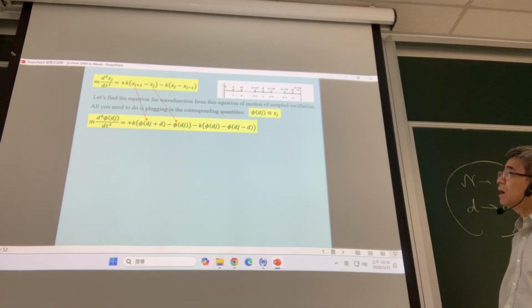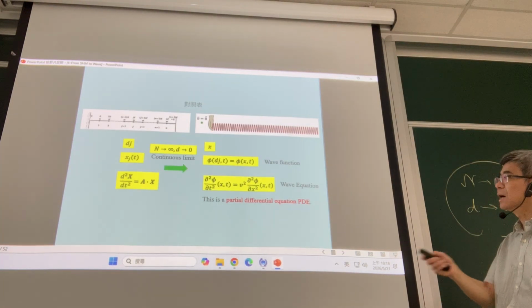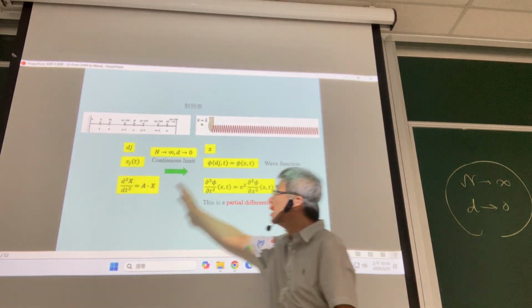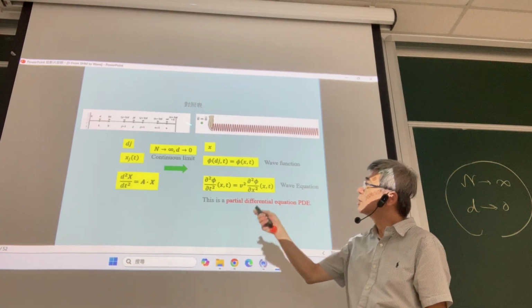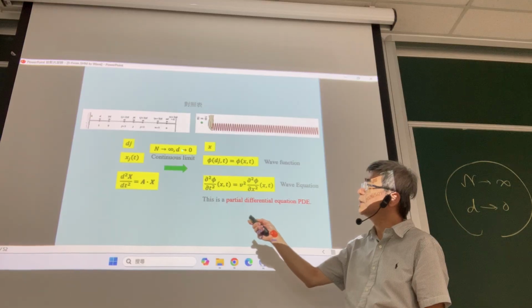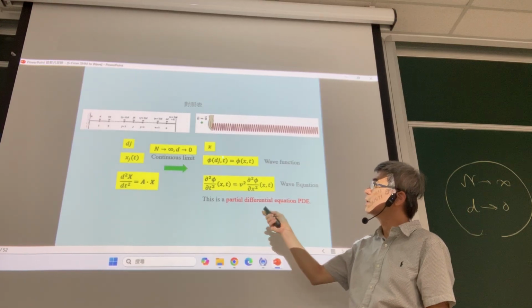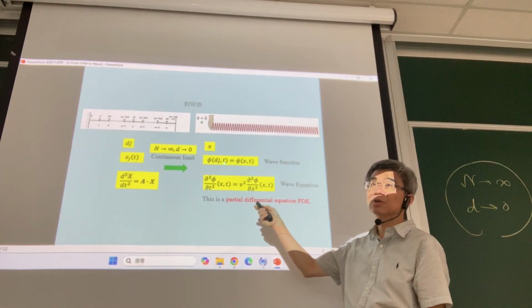OK, so on this page, I also list a comparison between discrete coupled system and continuum system. So dj corresponds to x after we take a continuous limit, and xj as a function of t will correspond to phi dj as a function of t.